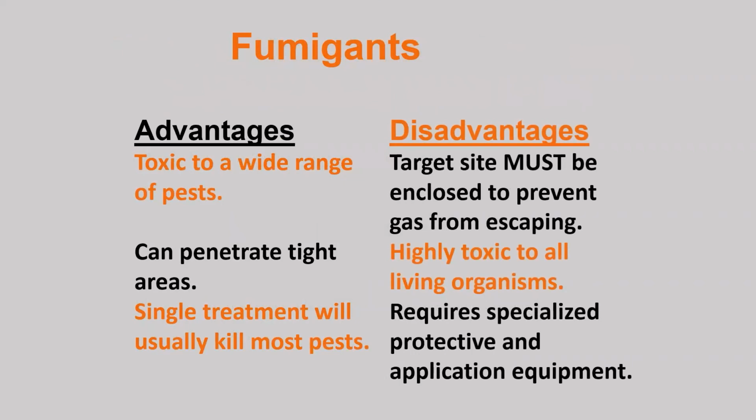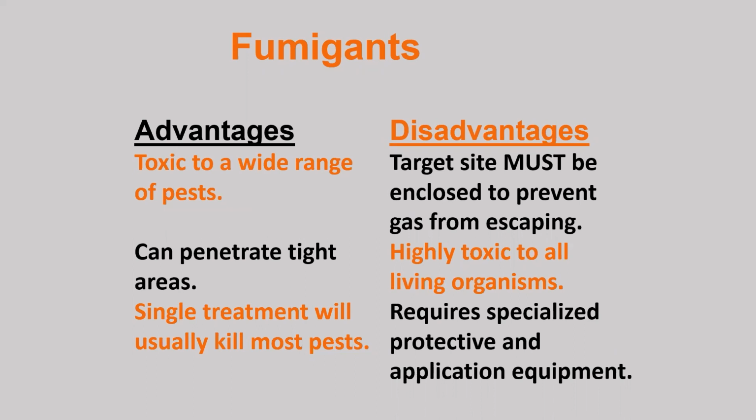Fumigants. I don't know too many applicators that have the fumigation license anymore, but we'll go ahead and cover this. The fumigants' advantages are they're toxic to a wide range of pests. They can penetrate tight areas, and a single treatment will usually kill most pests.